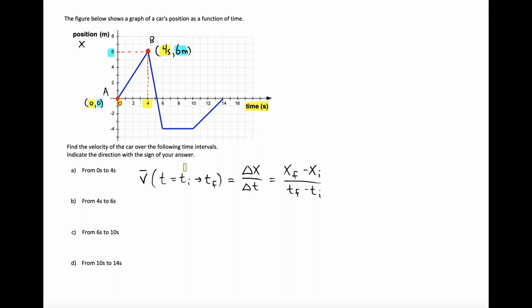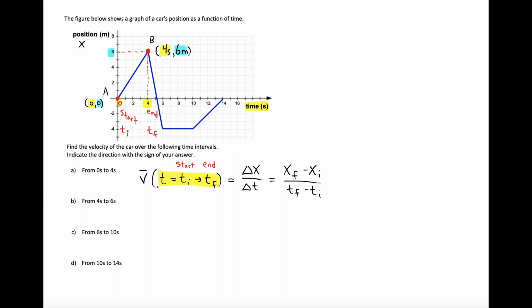We need to know a time interval in order to calculate an average velocity. So it has to have both a starting time and an ending time. We have that here. Our starting time is going to be the 0. Our ending time is going to be the 4. So the 0 is what we call TI, and the ending time is TF, that's the 4.